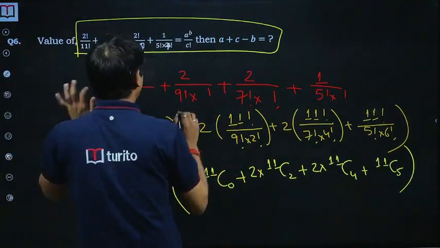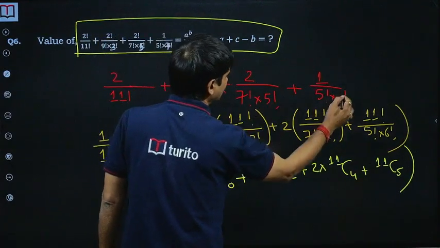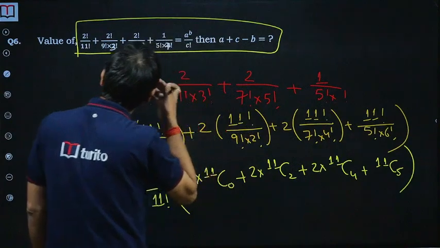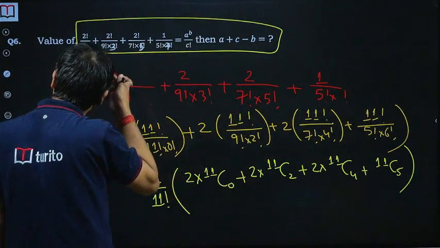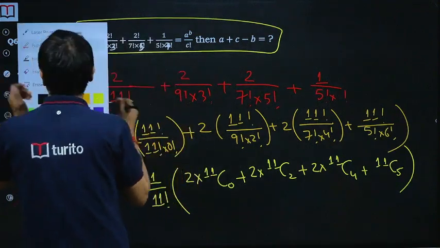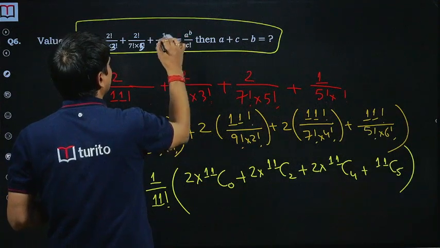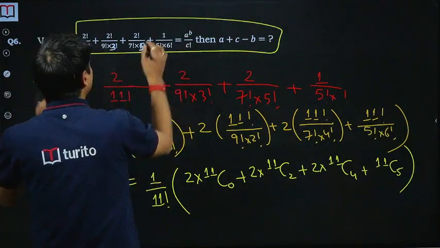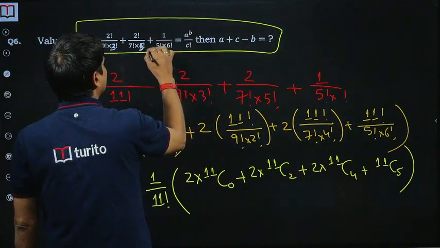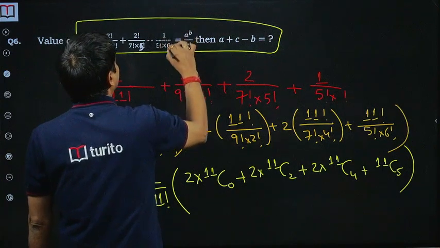So we will get this as 3 factorial, then this as 5 factorial, and then 7 into 5. Okay. Then we don't need this one. That's one more correction. So this series will end here itself.